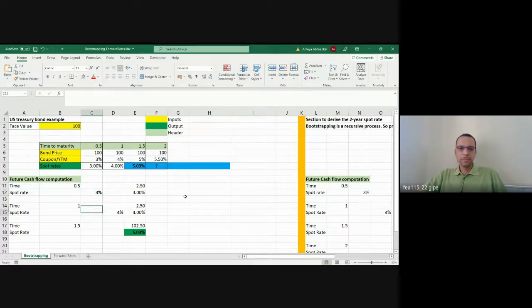So I'll use 3% and 4%. I'll simply equate them here because I want to use them in the formula. How that is used, I'll show you on the whiteboard, and based on that I try and estimate what the Z 1.5 rate is. So let me switch to the whiteboard for a moment so that I can show you what that equation is.